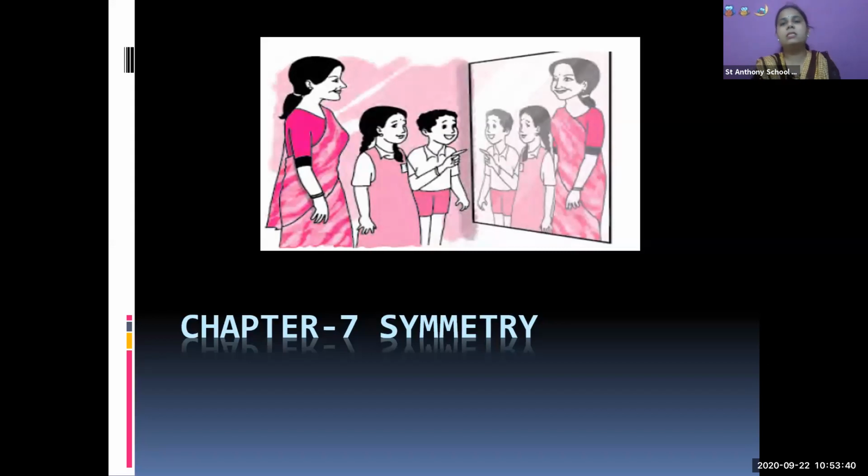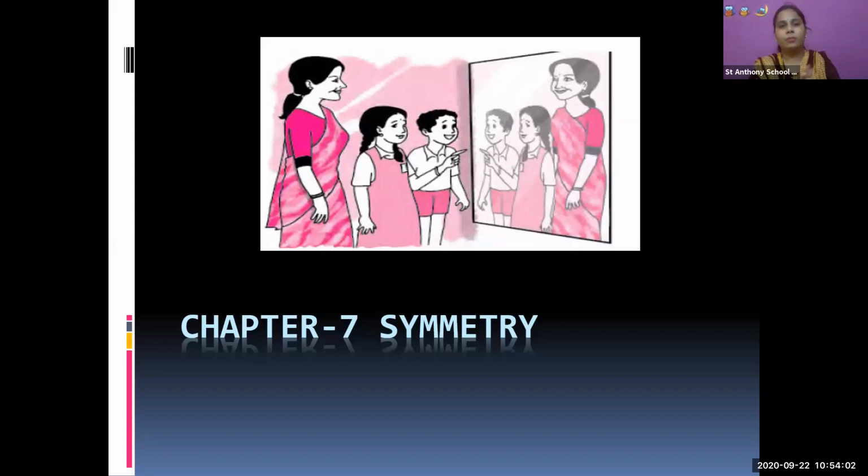When we see our image in a mirror, what do we observe? We observe that we are just looking at ourselves in a mirror and our image looks exactly like us, right?